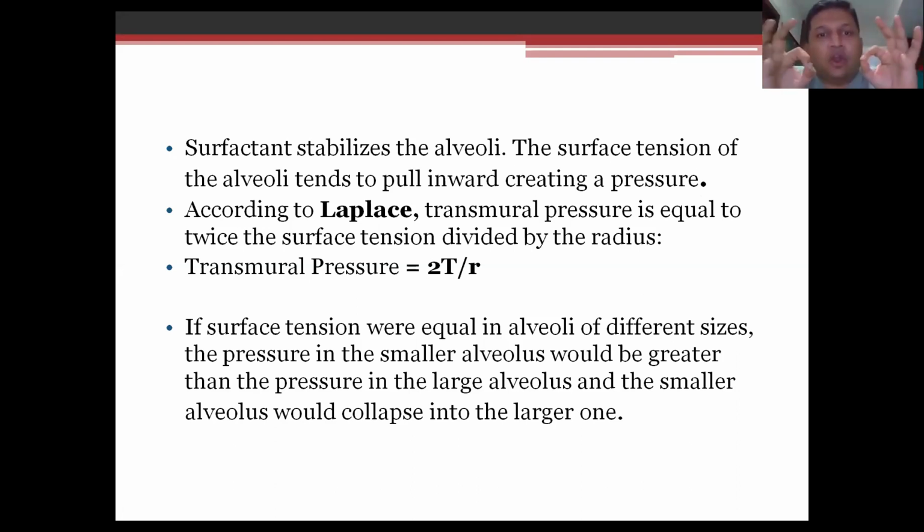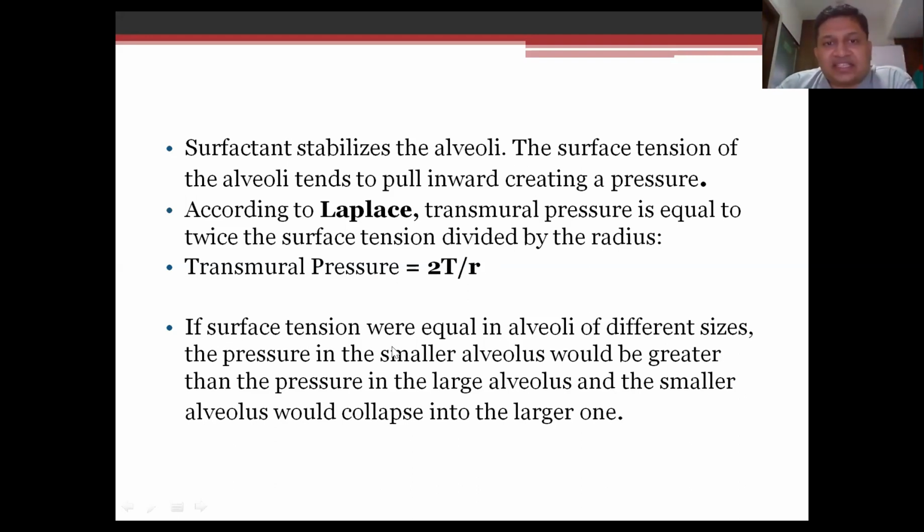The pressure inside that balloon depends upon the surface tension and the radius of the balloon: P equals 2T upon r. So the larger the size of the balloon, the less the pressure inside that balloon, because surface tension is static.